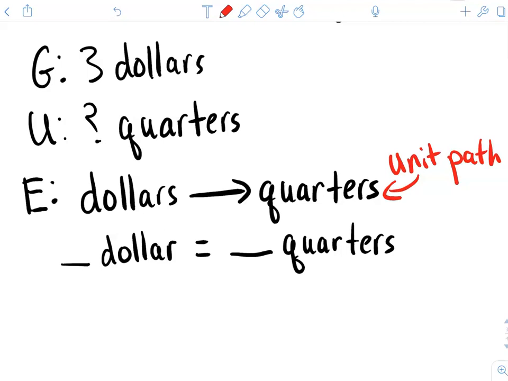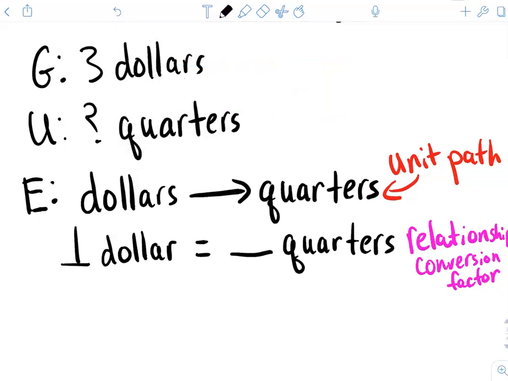Down here where I have blank dollar equals blank quarter, this is that relationship or that conversion factor. So with this, we know that $1 is going to be 4 quarters. So those are measuring the same thing. They're measuring $1.